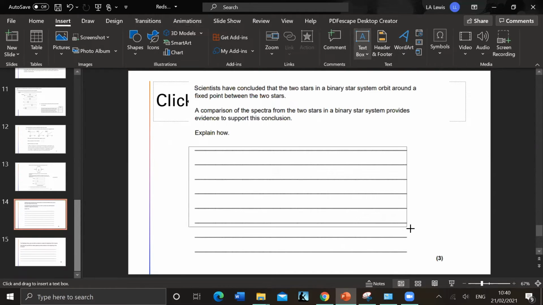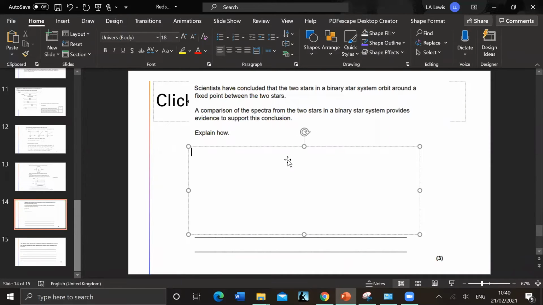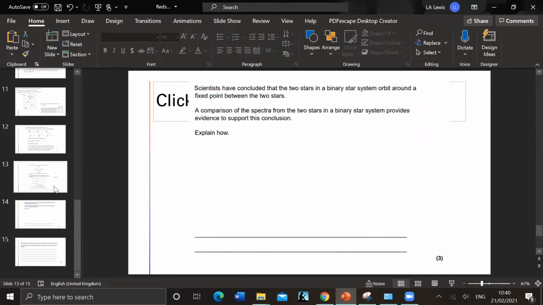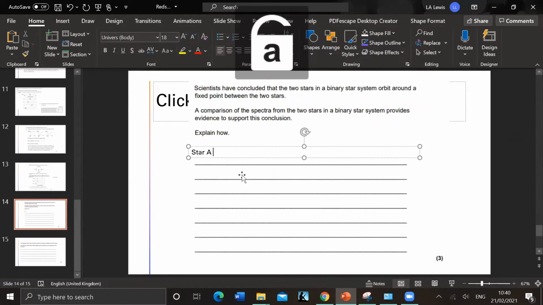Again, let me just fill in the shape. Text box, a bit of IT as well. So star A is redshifted.